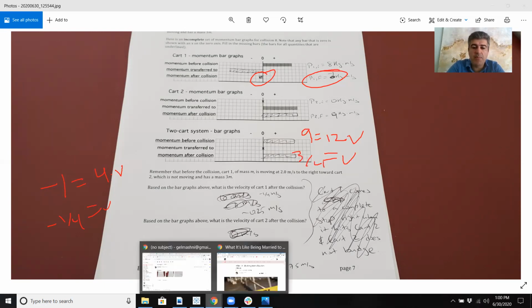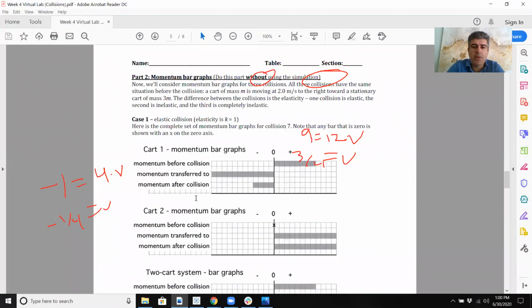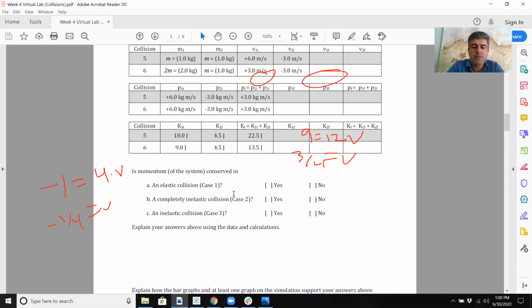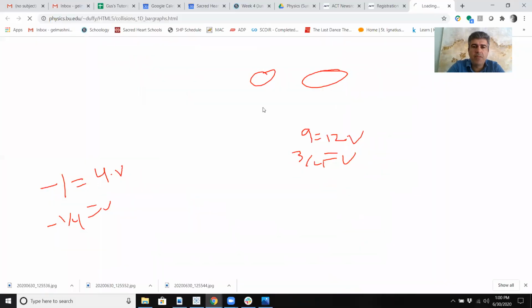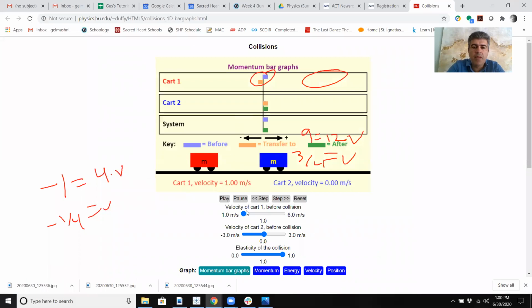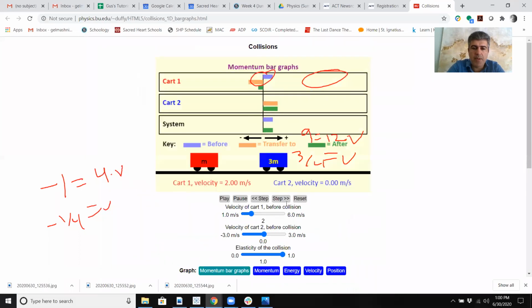Let's actually get this going here. So if our elasticity is 1, initial is 2, and here it's 0. And let me triple the mass of that one, play it.